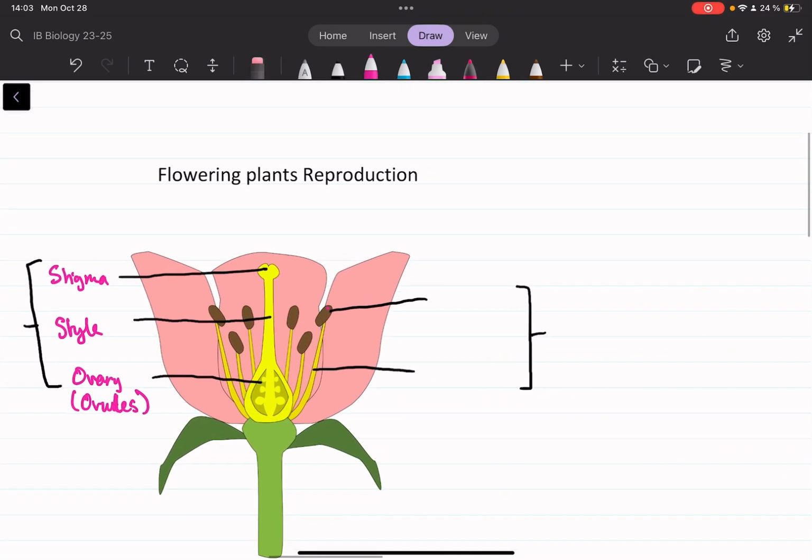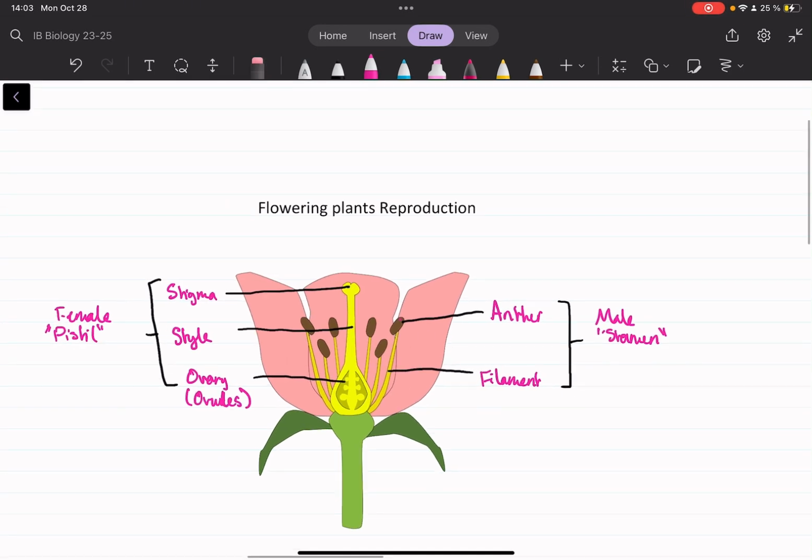Then you've got the male part, which is called the stamen. And the stamen is made up of the anther. And the anther is where pollen is produced. And then the filament, which holds the anther up.